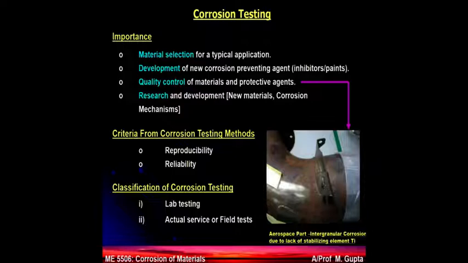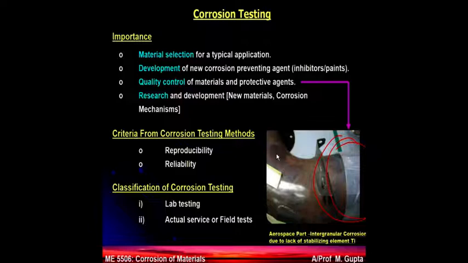Quality control of materials and the protective agents. A typical example of a part used in the aerospace industry was found to corrode in the welded zone here. You see here is a part welded and you see the brown zone here.